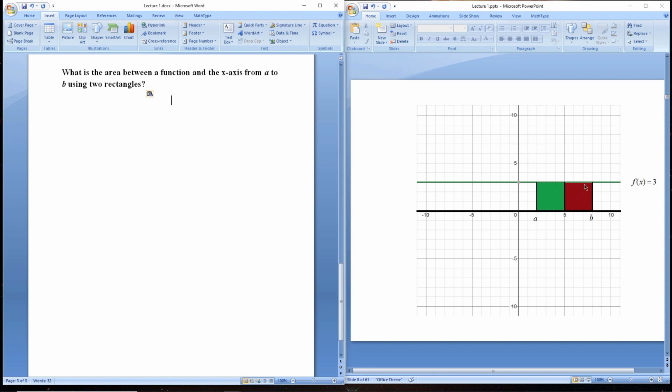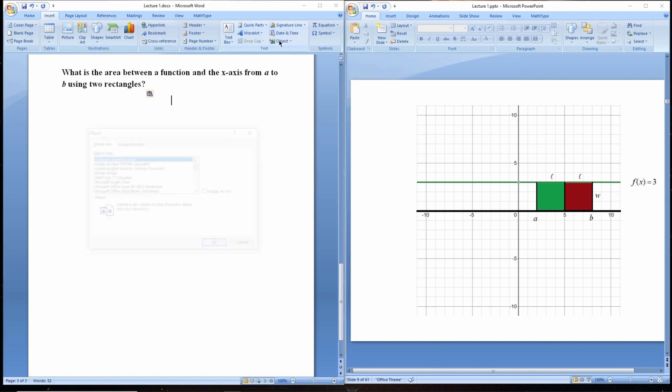So if we look at our rectangles over here, let me put some L's and W's on there. These rectangles are going to be split evenly. All our rectangles will be split evenly. They do have the same length. And if we look at this expression for the length now, it's a little bit different than before, because now we have b minus a, but it's divided by 2.